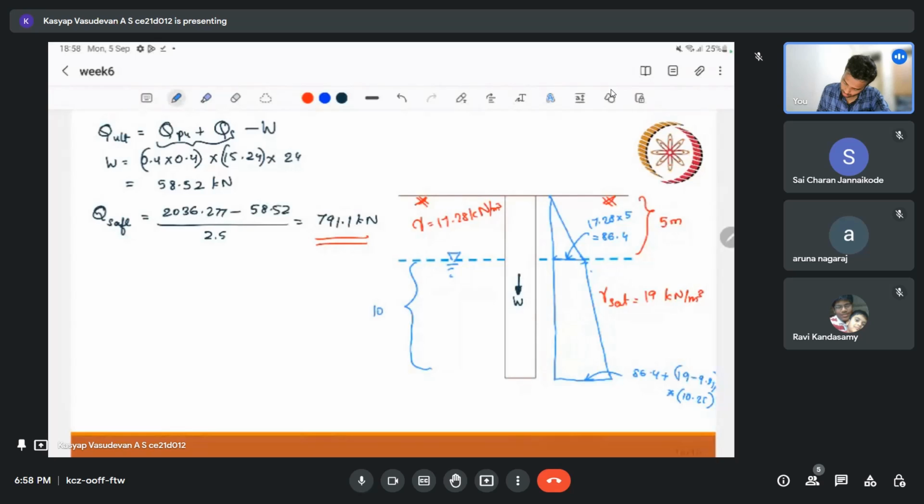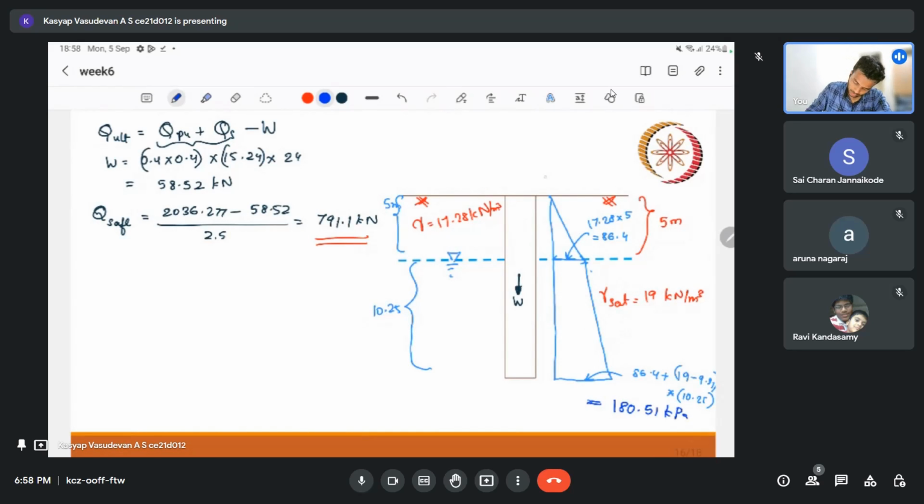This distance is 10.24 because I have subtracted this 5 meter. So this value turns out to be 180.51.